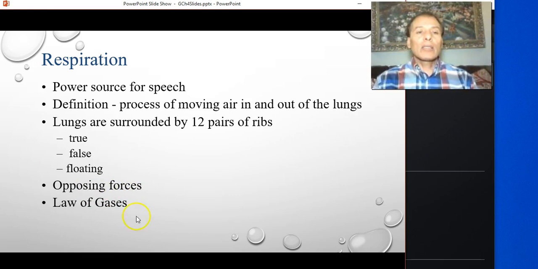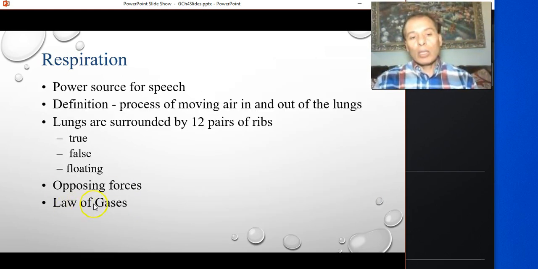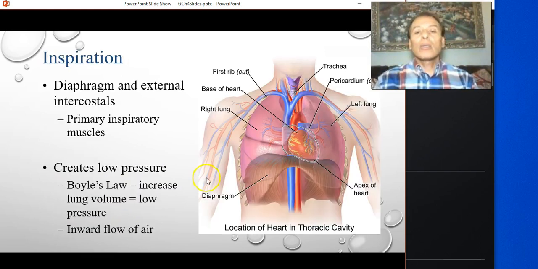The way that the respiratory system works, we are going to speak about how the gas exchange is in the lungs. But look at, for example, how the diaphragm is positioned, like an inverted bowl, and it sits under the lungs, and the lungs stick to it because of a connection called the pleural linkage here.